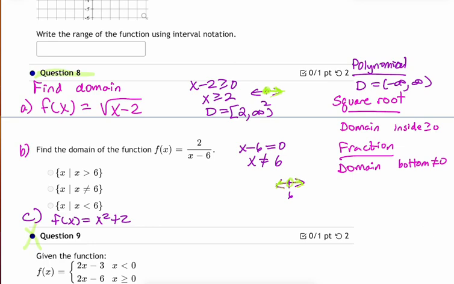Okay. And so this would be the answer as far as inequality or set notation, but I want interval notation. So the domain for this one, I go up to 6. There's a hole there. I jump across the hole and I can keep going. Do you see?